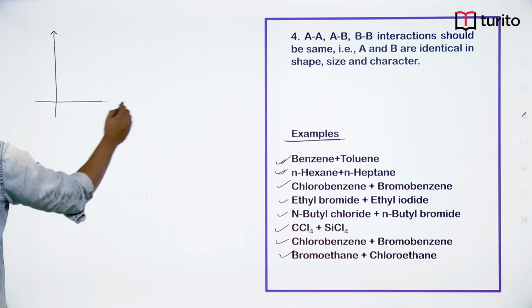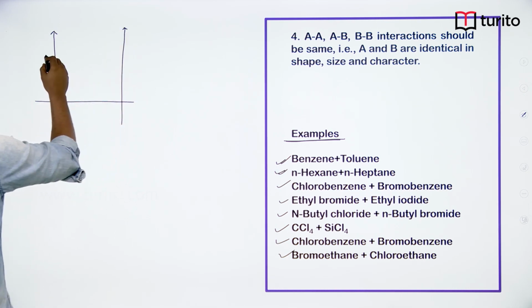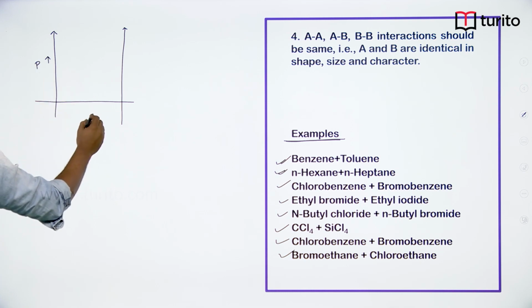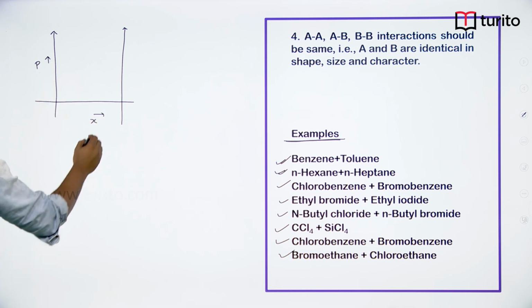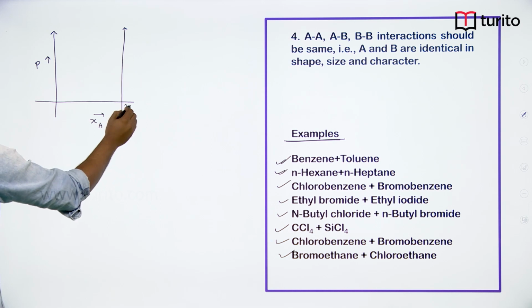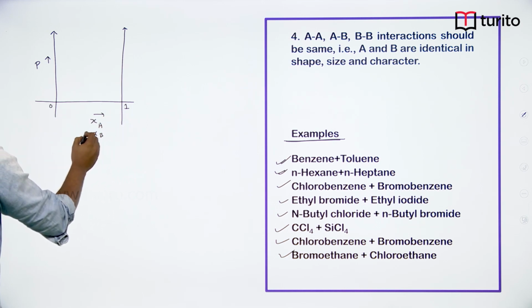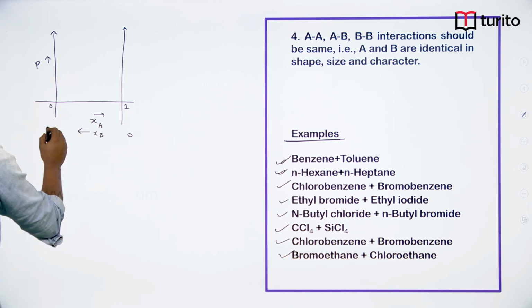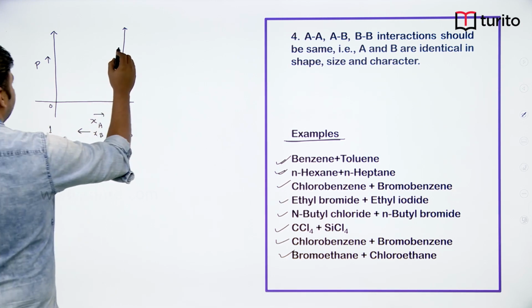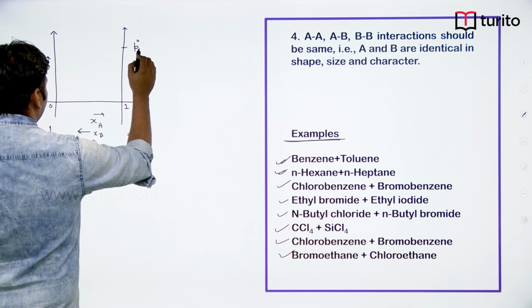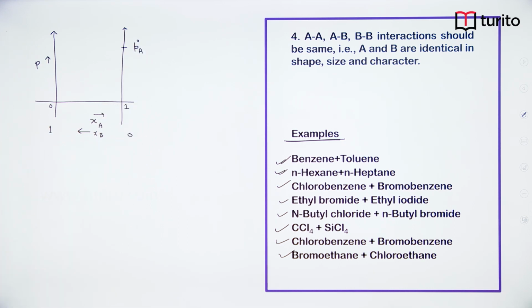So the graph would be something like this. We have already drawn this in the previous lecture, that is vapor pressure versus mole fraction. We'll say that mole fraction of A is 1 over here, so mole fraction of XB would be 0 over here and XB would be 1. So suppose this is the partial pressure P naught A, because when XA is 1 only one component is present.